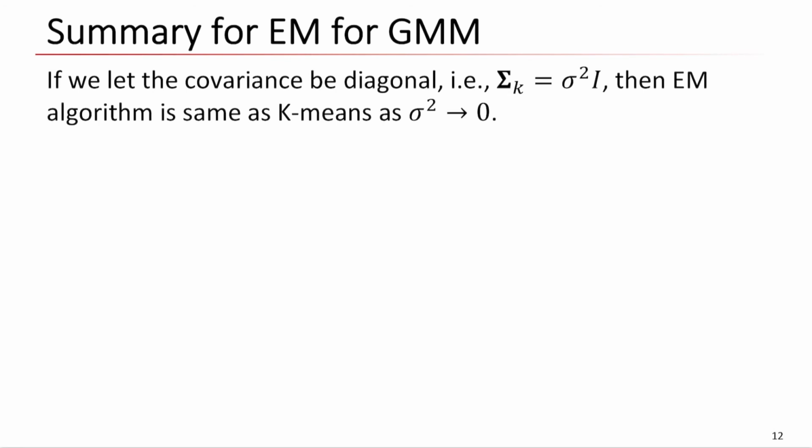Interestingly, when we let the covariance be diagonal, theta k equal to sigma square, then the EM algorithm is the same as the K-means clustering algorithm as we decrease the sigma square.